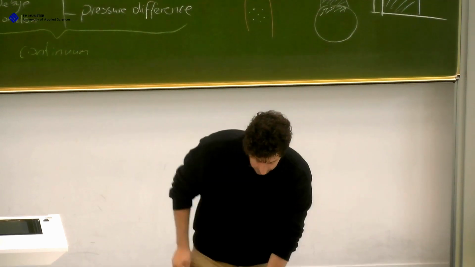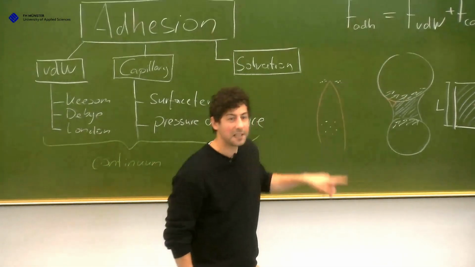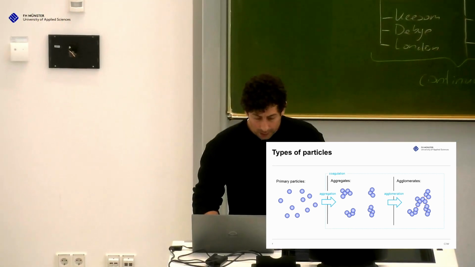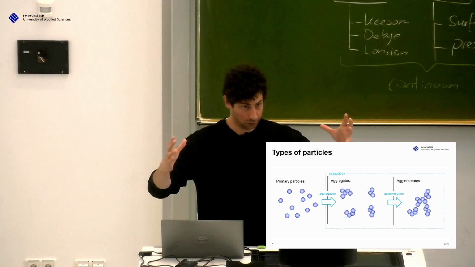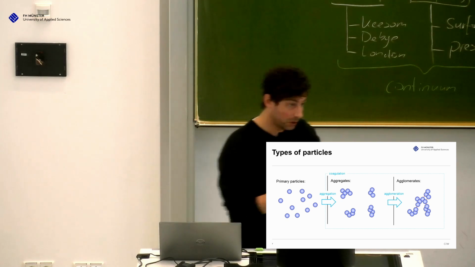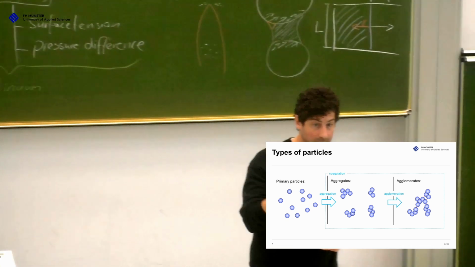And aggregates means these primary particles are still distinguishable, as you see in this image here, right? If they would coalesce into a new one, the droplet would be a larger droplet. But here we don't have a larger droplet. We see each single individual primary, but it's somehow connected to the other one. And this is due to solid sintering.